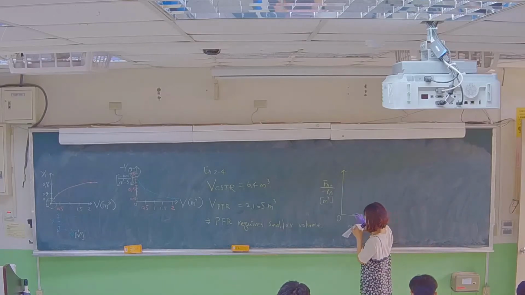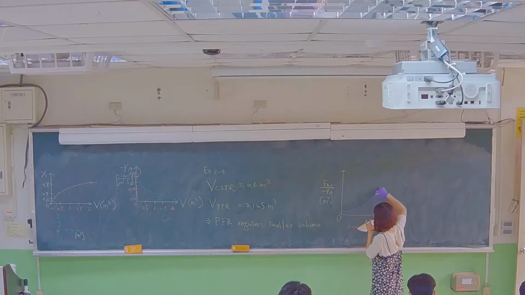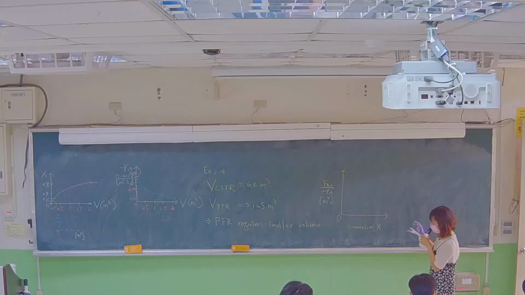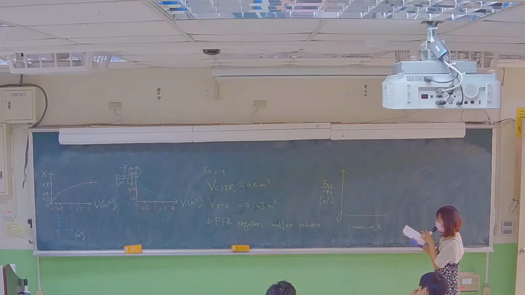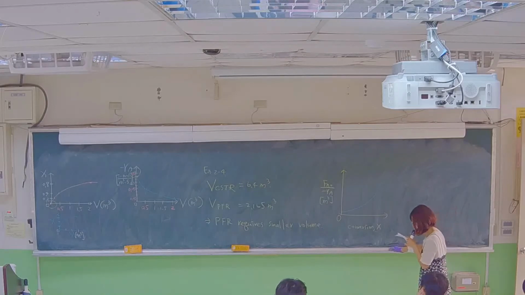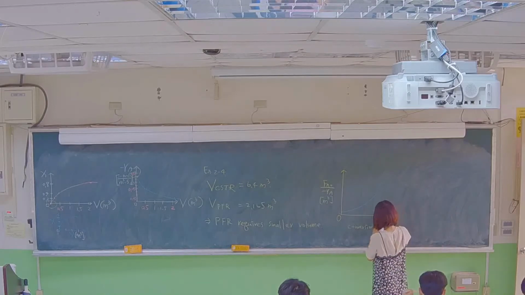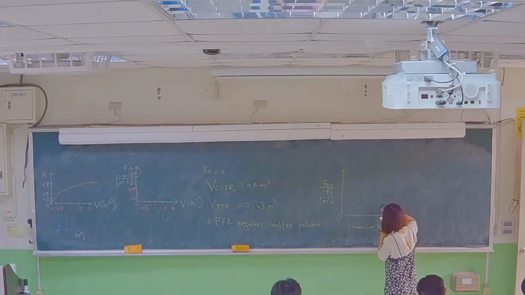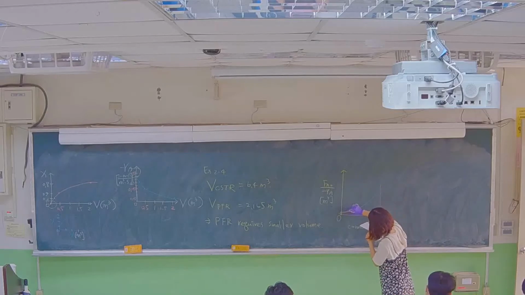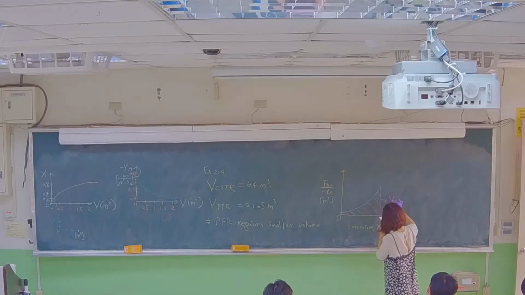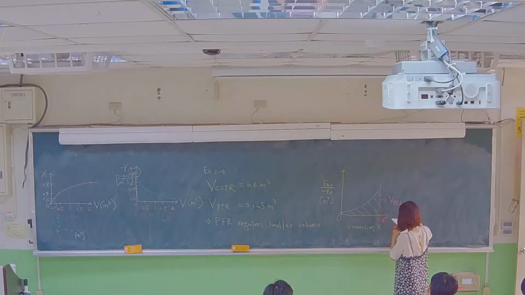Next, you may have a curve. This curve is from the example, from the problem. The problem will give you a table, right? You can draw a curve from the table, and then for the conversion equal to 0.8, you can show me this one is the volume of PFR.